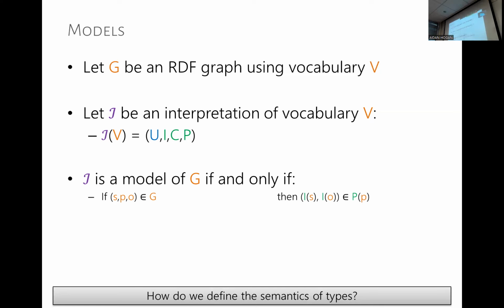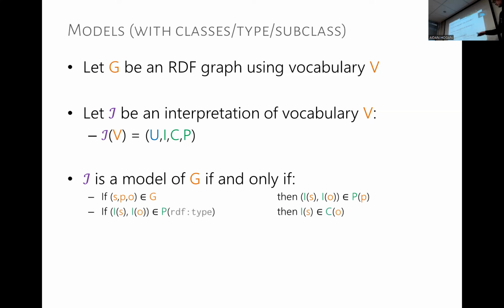We would expect something about the interpretation of S. The individual that we refer to by S should be in C of O. So the individual we refer to by S should be in the class that we refer to by O.